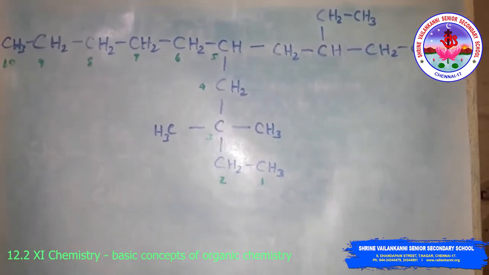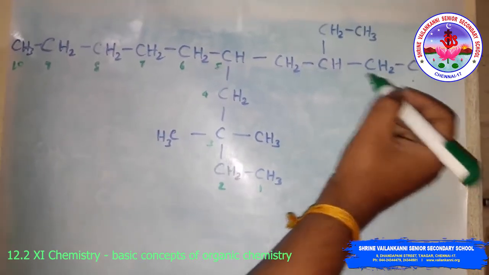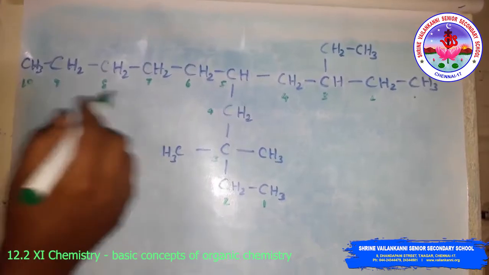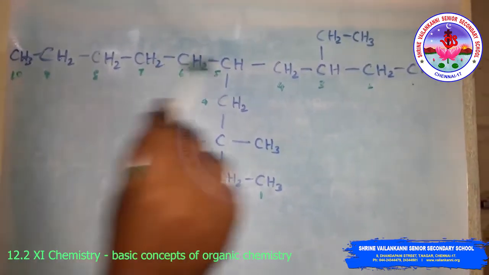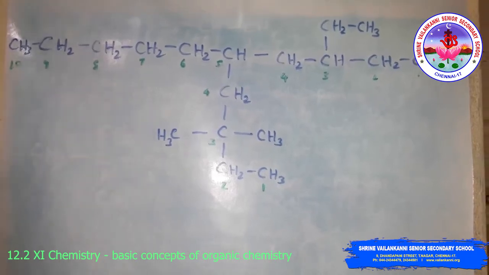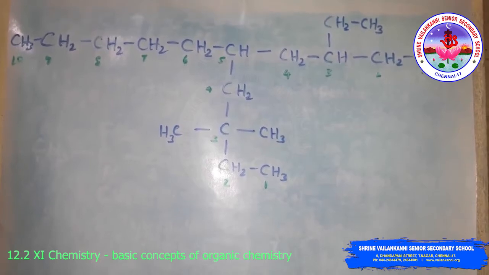Choosing this, if you choose carbon 1, 2, 3, 4, 5, 6, 7, 8 up to 10, it is also correct. So which one do you have to choose? That may be confusing, so you have to follow the one with more side chains.